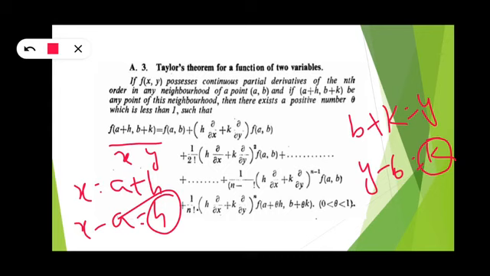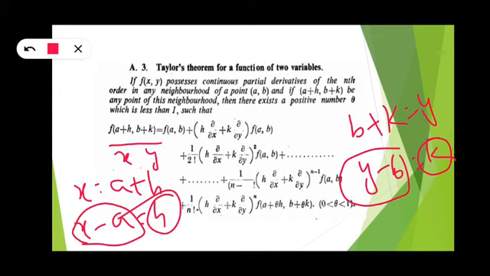f of x comma y is equal to f of a comma b plus, in place of h we write x minus a, and in place of k we write y minus b. So here x minus a into dou by dou x plus y minus b into dou by dou y f of a comma b plus 1 by 2 factorial, similarly, x minus a dou by dou x plus y minus b dou by dou y whole square.